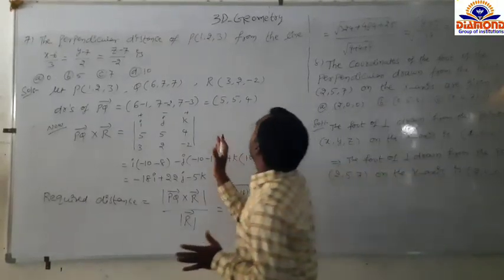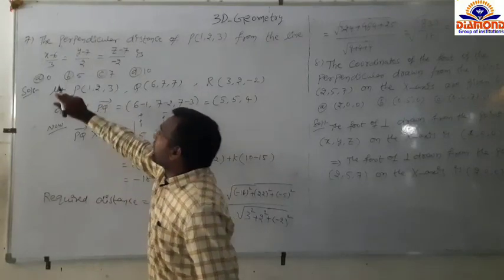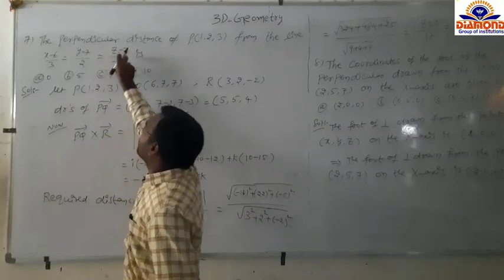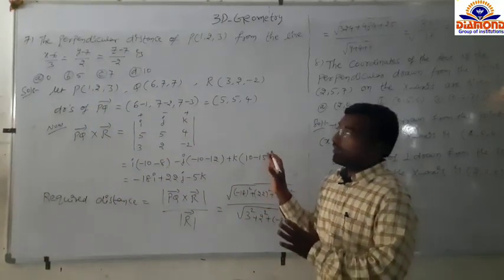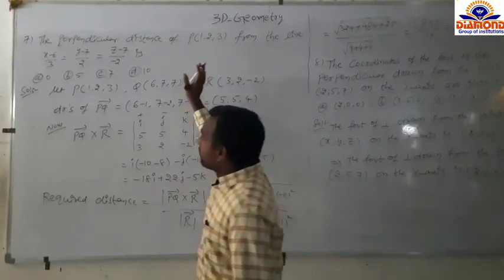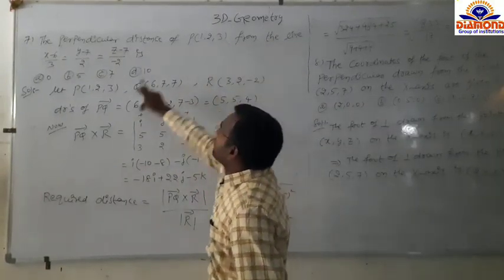But here the line is in Cartesian form, (x minus x1) by A, (y minus y1) by B, (z minus z1) by C. This is an important model problem, and it was given last year. So you can take the first given point as P(1, 2, 3).